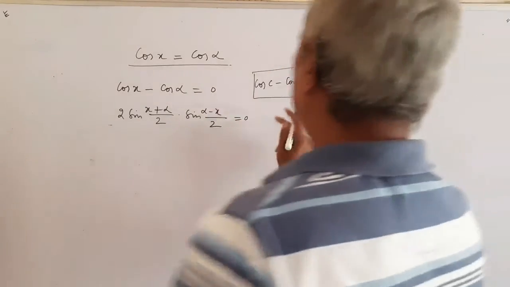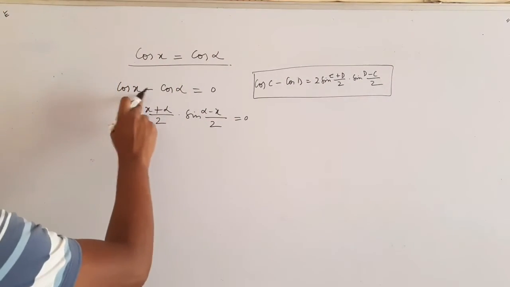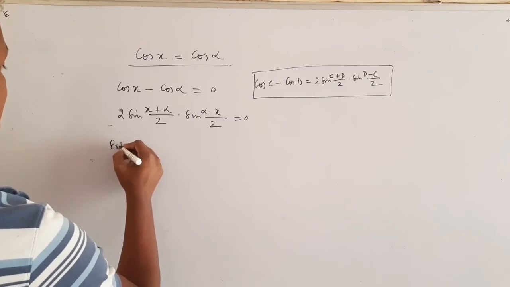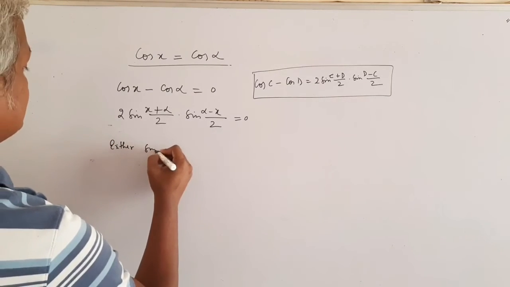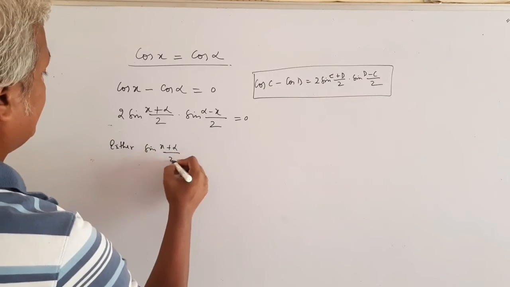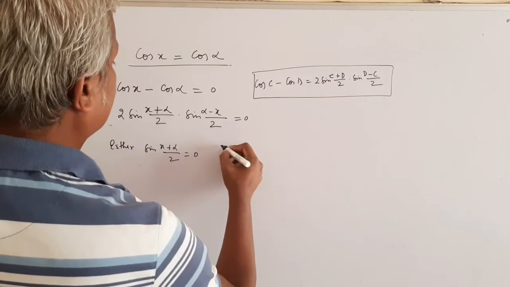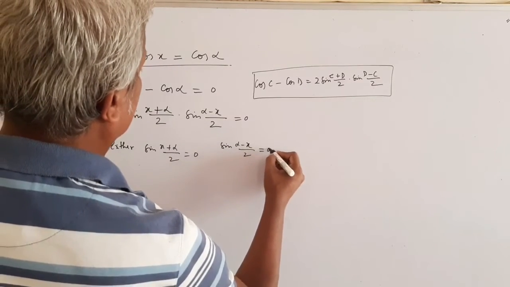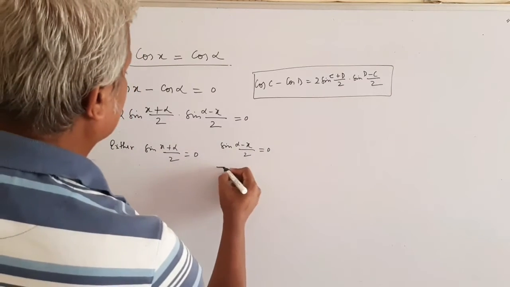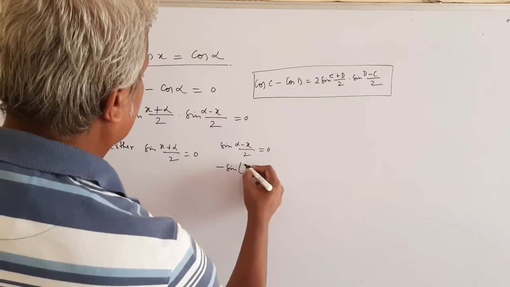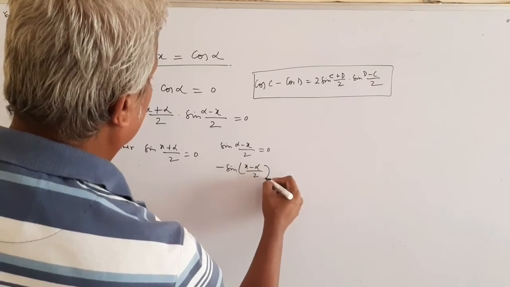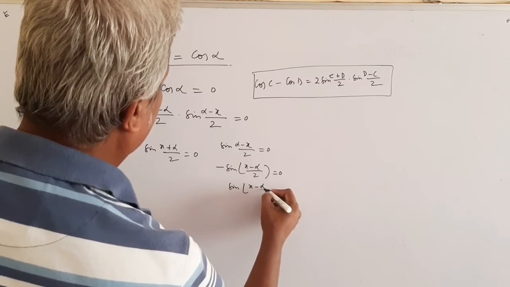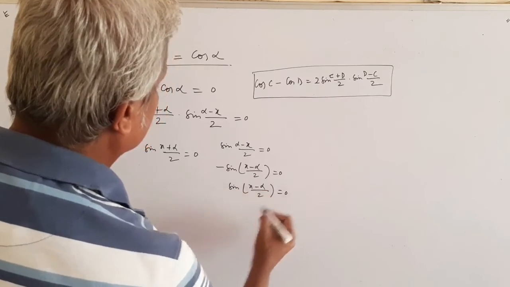And then using that I found 2 sine (x plus alpha by 2) and so on. So again it's a multiplication form, either sine (x plus alpha by 2) is 0 or sine (alpha minus x by 2) is 0. This one, if I take minus common, this will become minus sine (x minus alpha by 2) is 0, or you can write sine (x minus alpha by 2) is 0.